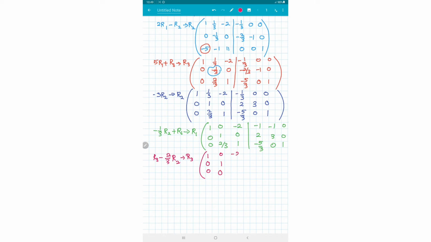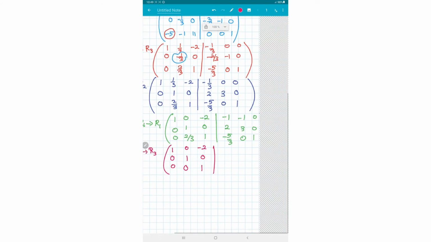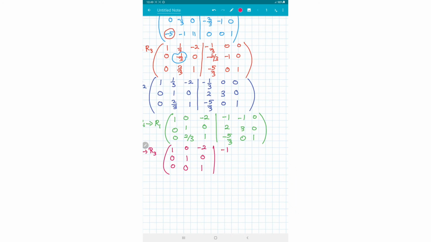This one is negative 2, 0, 1, so this will become negative 1, 2, negative 3. This one is negative 1, 3, negative 2, 0, 0, 1.